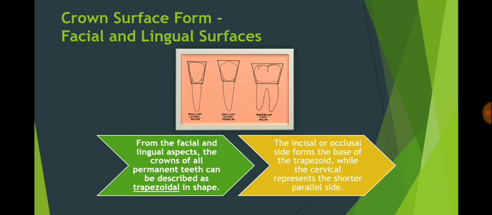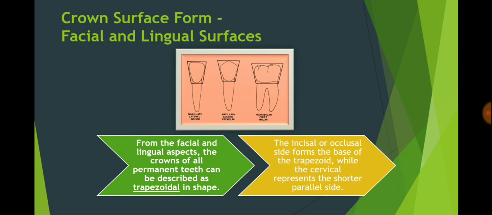From the facial and lingual aspects, the crowns of all permanent teeth can be described as trapezoidal in shape. Just like in the picture, it's a trapezoid. Facial lingual, the shape is trapezoidal.